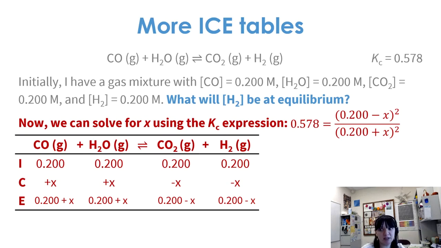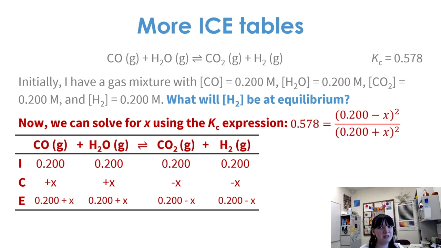Or as I've plugged them all in right here, basically I have 0.200 minus X squared. That's not squared because any of these have a molar coefficient of 2, but because when we take our concentration of CO2 and multiply that by the concentration of H2 at equilibrium, those are the same numbers. So the same number multiplied by itself is just that number squared.